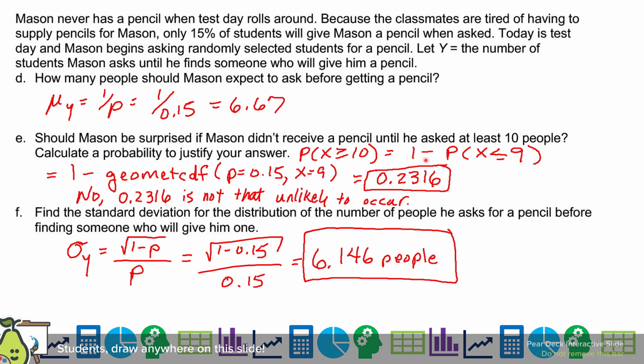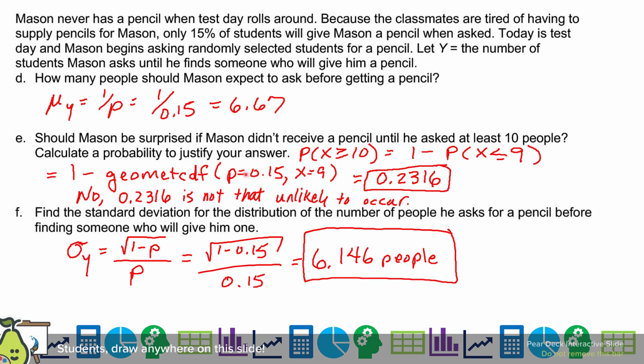Since we can't work out to infinity, I'm going to calculate the probability that he's successful within the first 9 people, which is geometcdf with 0.15 and x equals 9. But this is the opposite of our answer, so it's 1 minus that. I could calculate them by hand, but that's technically 10 calculations because you have to do 0 through 9. So better yet, use geometcdf.